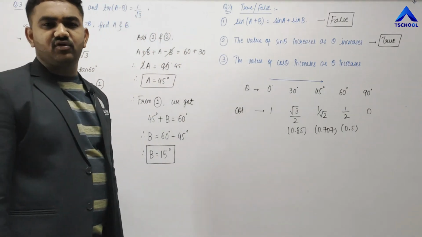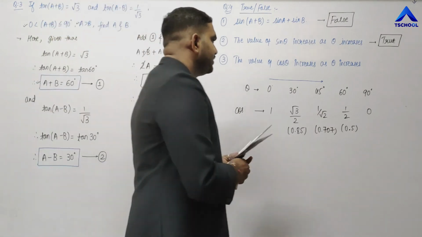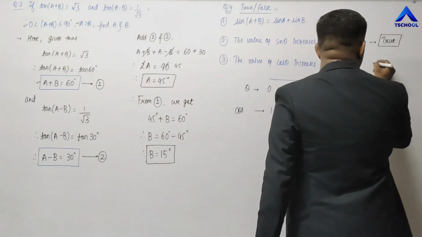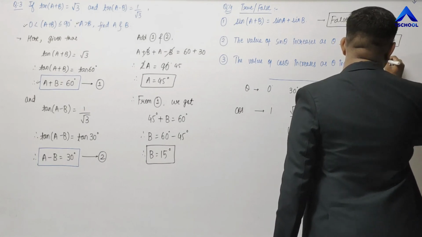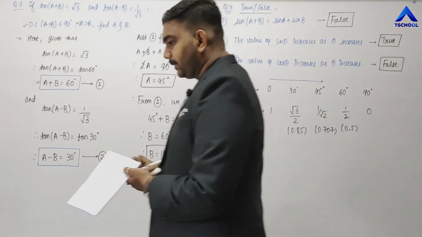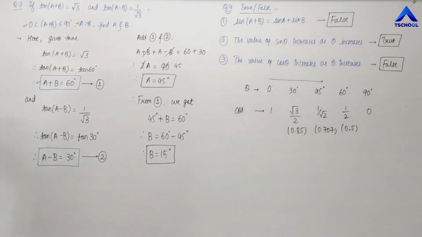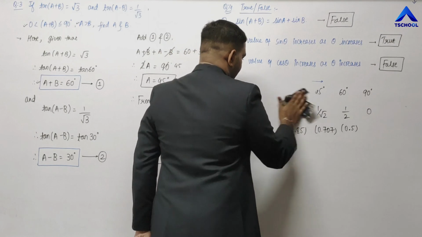So the value of cos theta decreases as the value of theta increases. So the answer to the third one is false. Yes or no? Okay. So that's it for the third one.